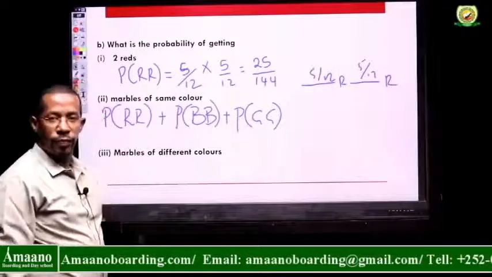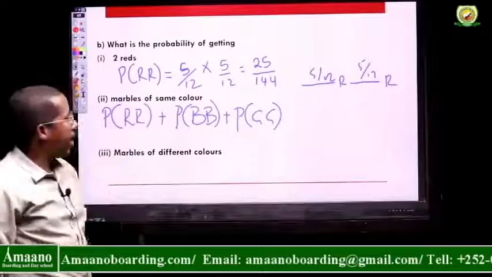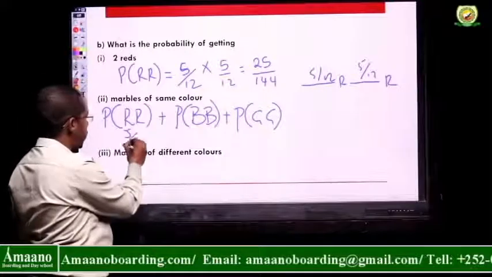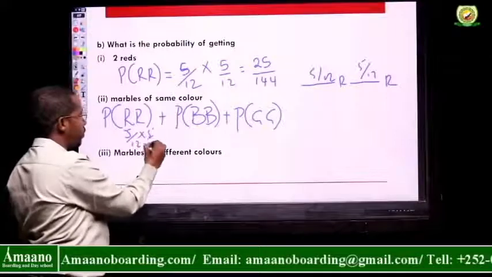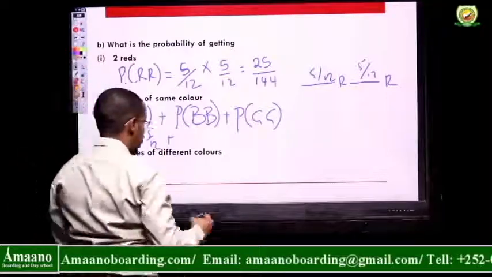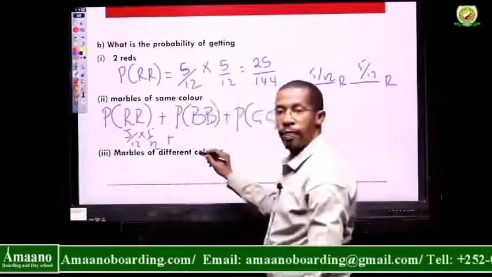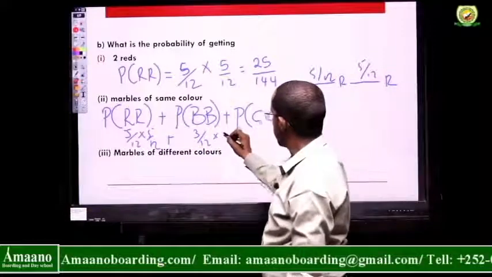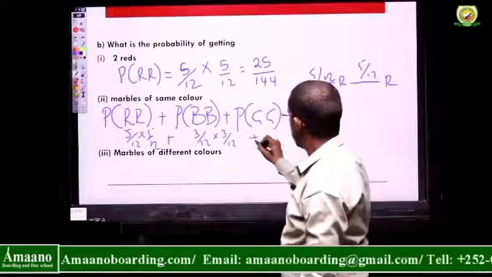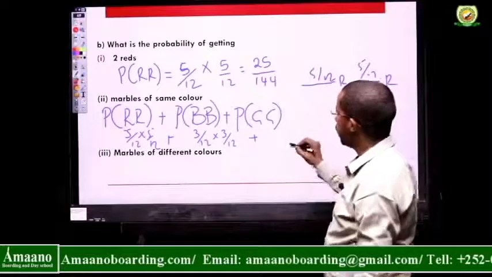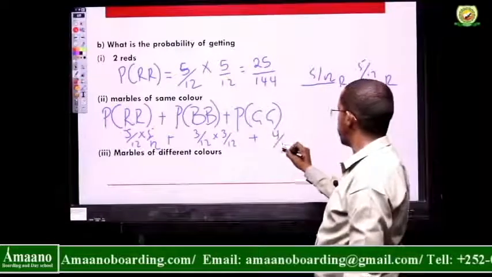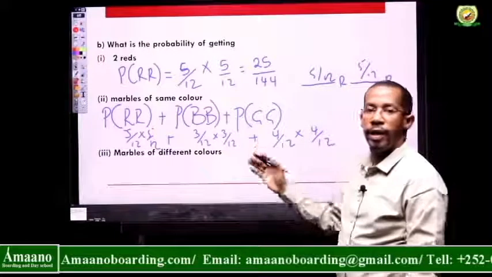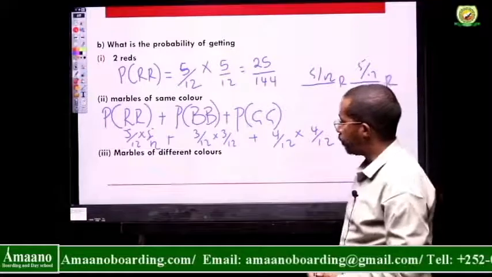So you get these probabilities and add them up. This one we have said is 5 over 12 times 5 over 12. Probability of 2 blues will be 3 over 12 times 3 over 12. And probability of green and green will be 4 over 12 times 4 over 12. Then you add up, you will get the answer for that problem.